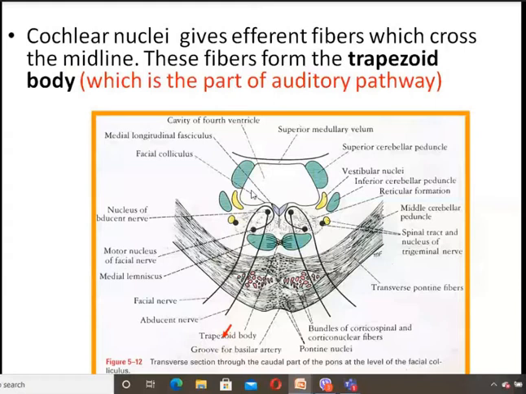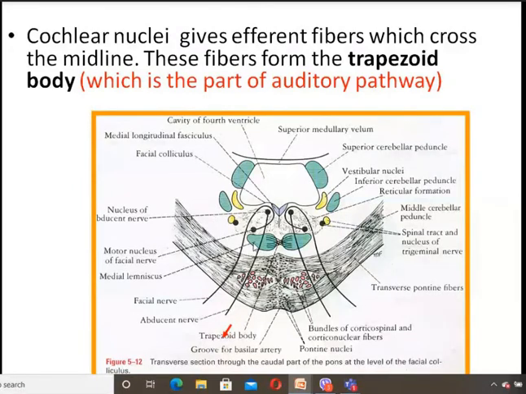This is the spinal tract of the trigeminal nerve, the fifth cranial nerve, and this is the vestibular nuclei. And this is the medial lemniscus, the fibers from the nucleus gracilis and the nucleus cuneatus. So these are the main features at the level of the facial colliculus.